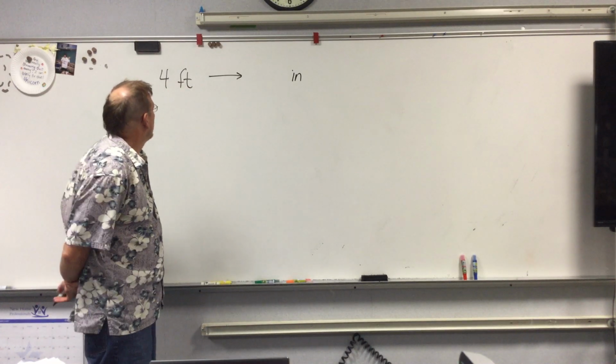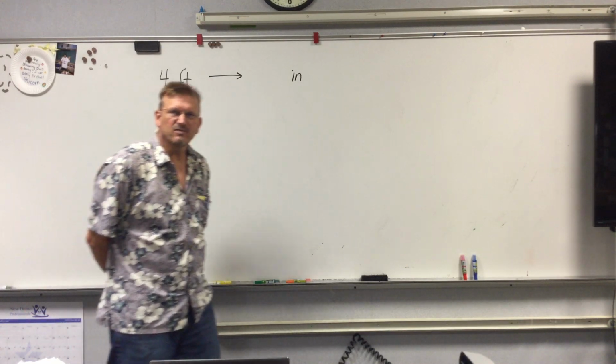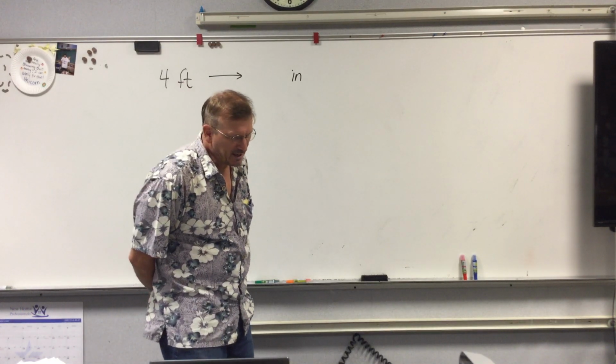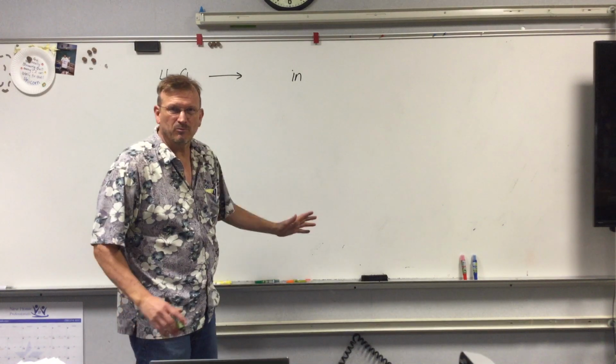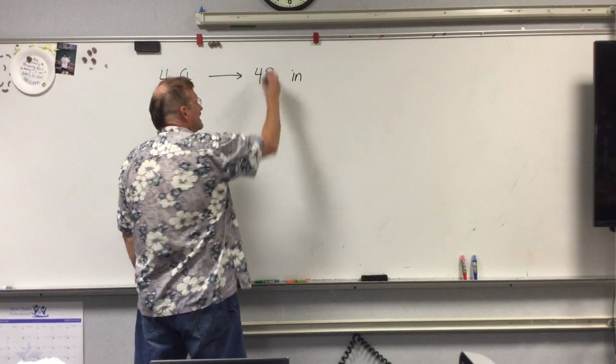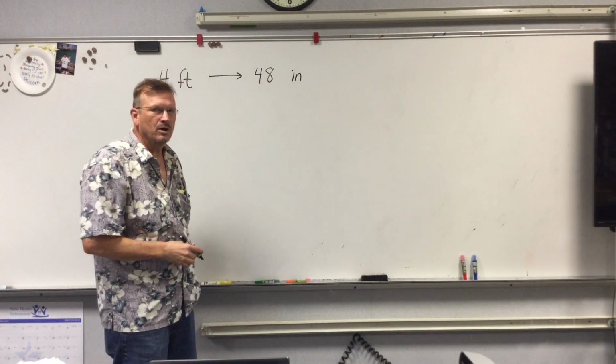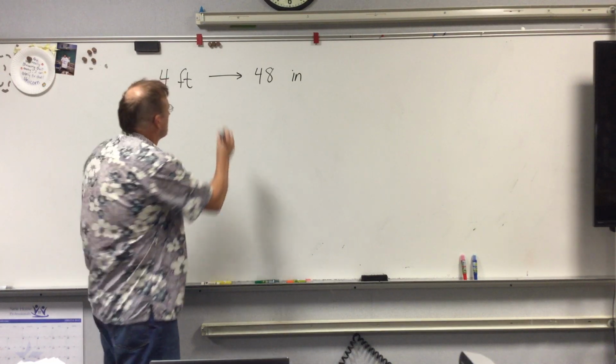So if I said, okay, I want you to take 4 feet and convert it over to inches, most people don't have a problem with that, and they say, oh my God, that's simple, that's 48 inches. And then I ask them, okay, what did you do?